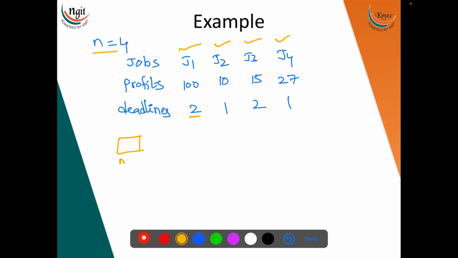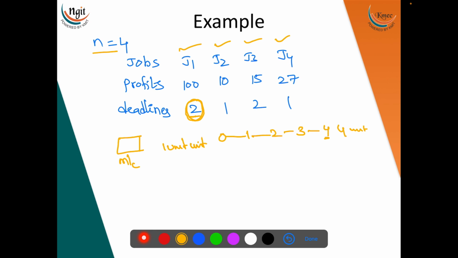Our machine takes 1 unit of time to complete each job, so for 4 jobs it could take 4 units of time, that means 4 slots: 0 to 1, 1 to 2, 2 to 3, 3 to 4. But I did not find any job which waits up to the 4th hour. The maximum deadline is 2. So the maximum deadline always indicates the number of jobs you can complete.